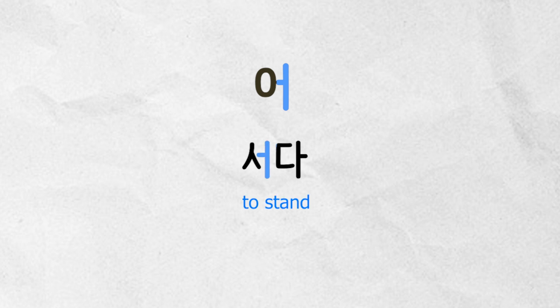And then, what if the verb ends with 어? If the verb ends with the 어 sound, like 서다. 서다 means to stand, right? So that's also the same. You just simply need to take away 다 and add 요. 서다, 서요. 서다 is a little bit difficult to use.